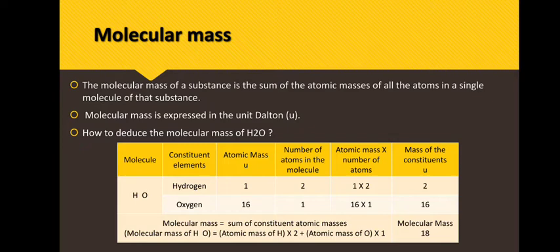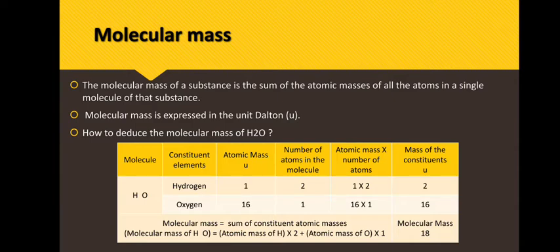So for hydrogen, it will be 1 into 2, so the mass of the hydrogen constituent will be 2. For oxygen, the number of atoms in the molecule is 1, so if we multiply atomic mass by number of atoms, it will be 16 into 1. So mass of the constituent will be 16. When you combine hydrogen's mass and oxygen's mass here, you will get 18 as the molecular mass.